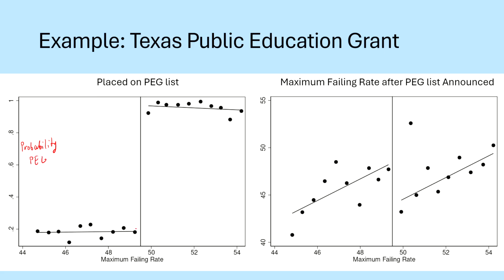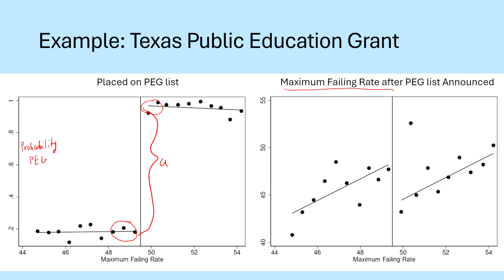And you can see that even for those where they did not fail, up to 49.5%, they still have some probability of being placed on the PEG list. But there's a clear jump so that those which did have a failing rate above this place are getting placed on the PEG list at a much higher frequency. So this jump right here is our A. It's our denominator.